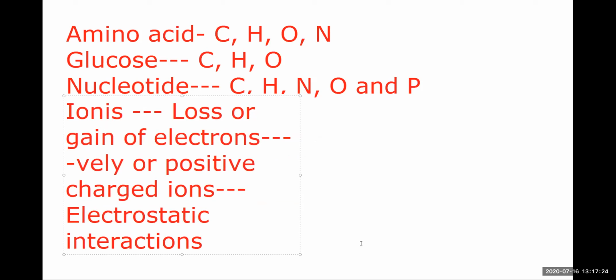An ionic bond is formed, and ions are formed by loss or gain of electrons.